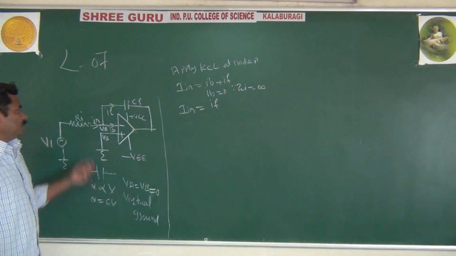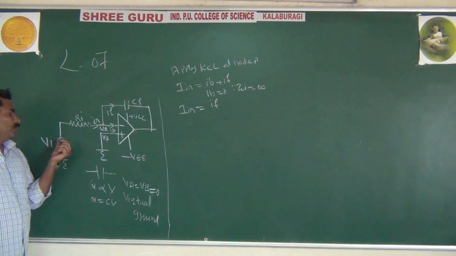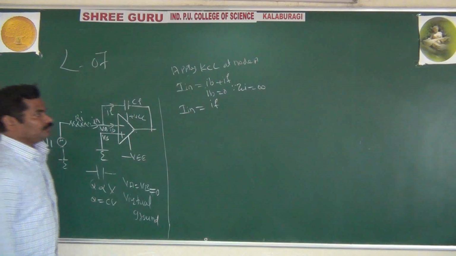On the input side we are applying only the resistance, so you are not having any problem: Vi minus Va by Ri.